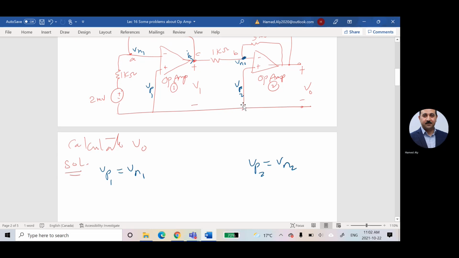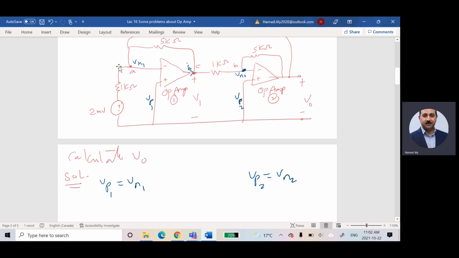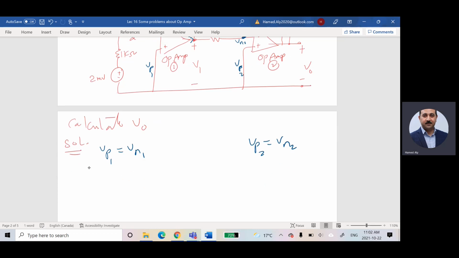So based on that, I can say the voltage for that node is equal to 0. So VP1 is equal to 0, and based on that, VN1 is equal to 0. And VP2 is equal to 0, and based on that, VN2 is equal to 0.